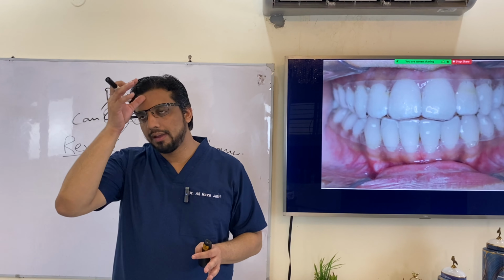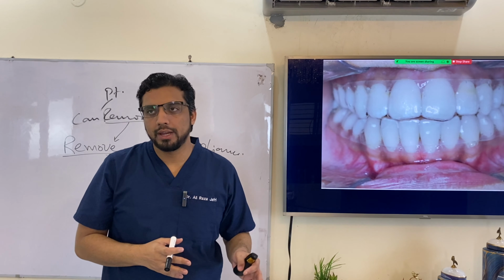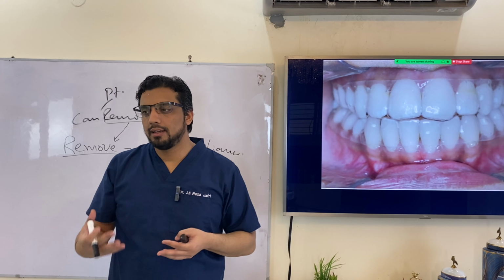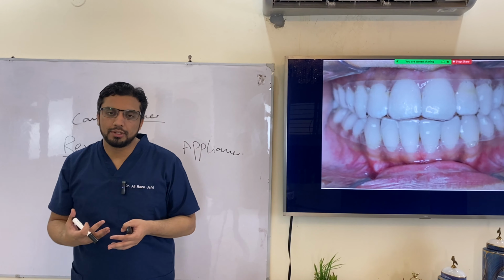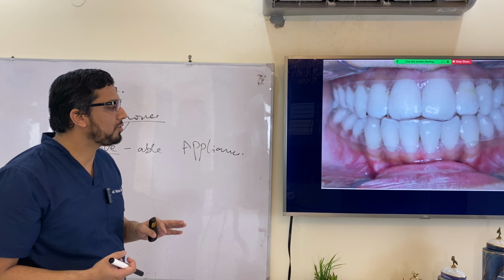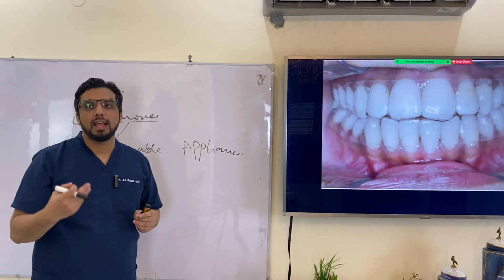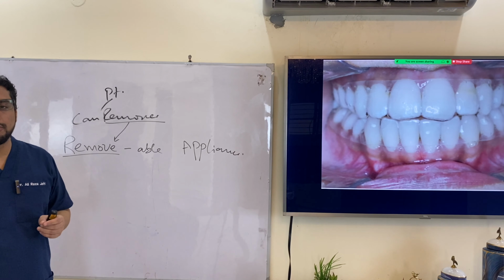For example, a celebrity who does not want it known that treatment is going on and they are getting correction of malalignment of the teeth. So these removable appliances are the appliances of choice, because they can be removed at the time of shooting and nobody would be able to know.